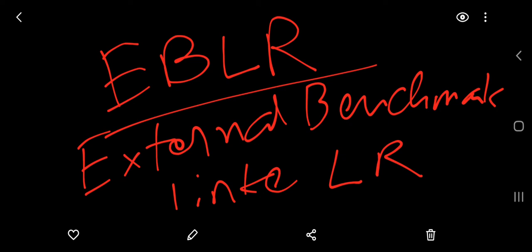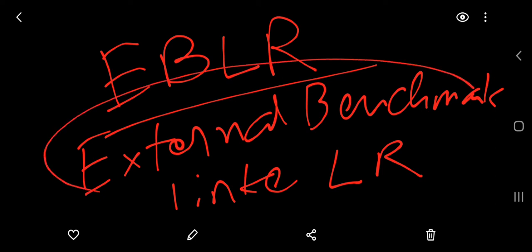Now why has this taken place? Why have so many kinds of lending rates been discussed over here? I will discuss EBLR in short form. EBLR is something where external benchmarks are being used: Fed rates, the repo rate, SLR, that is statutory liquidity ratio, and so many other factors.